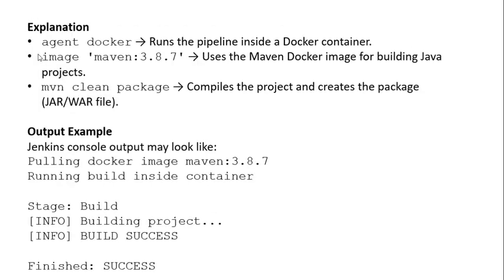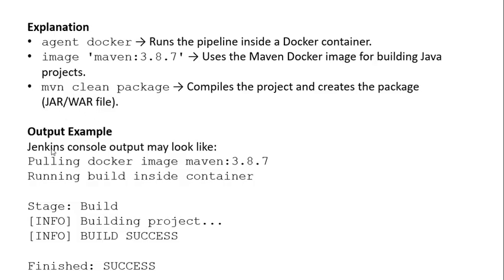And the explanation: agent docker runs the pipeline inside the Docker container, and the image single quotes maven colon 3.8.7 is the Maven Docker image for building the Java project, and mvn clean package compiles the project and creates a package as JAR and WAR files.